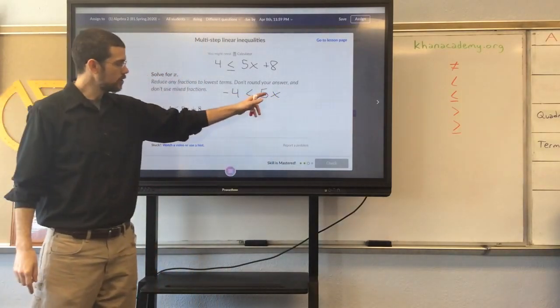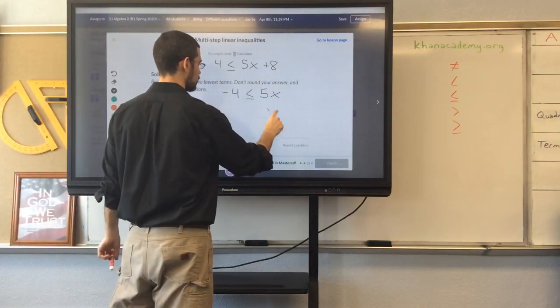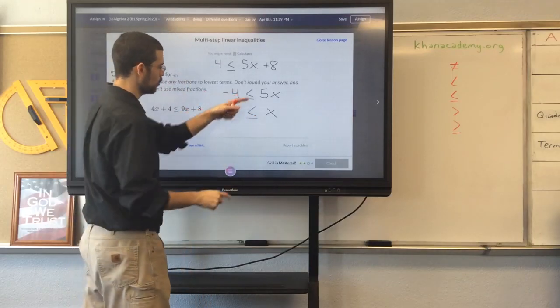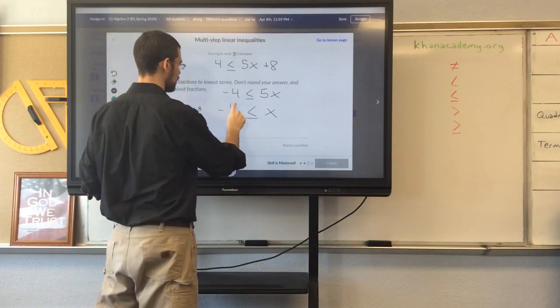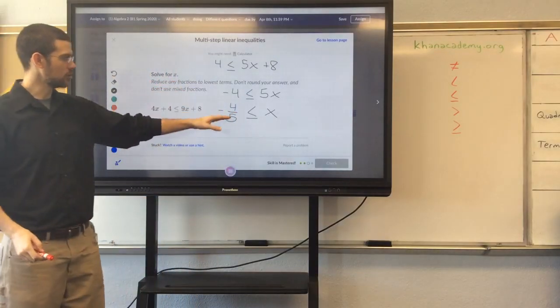And then we can divide by 5. If we divide by 5, we get x all alone, and we have negative 4 divided by 5, that's a fraction, negative 4 fifths.